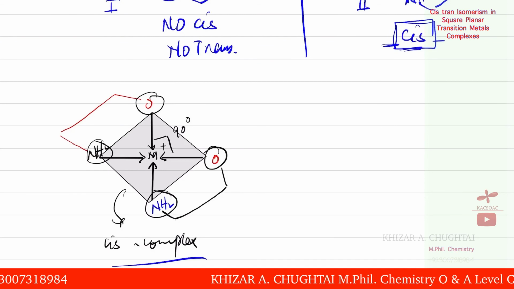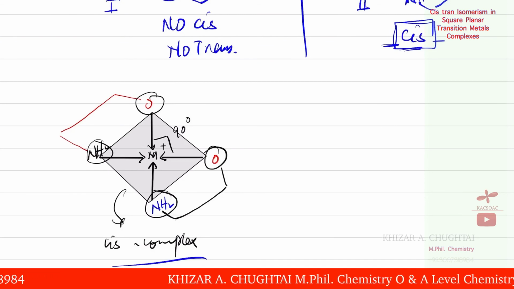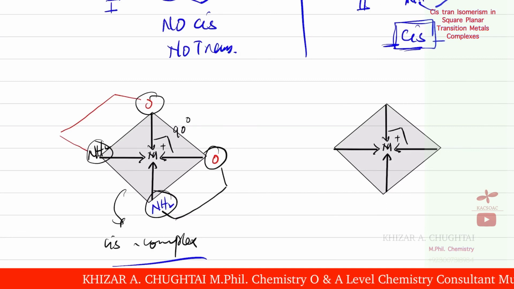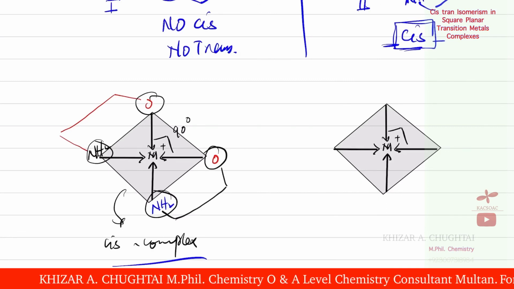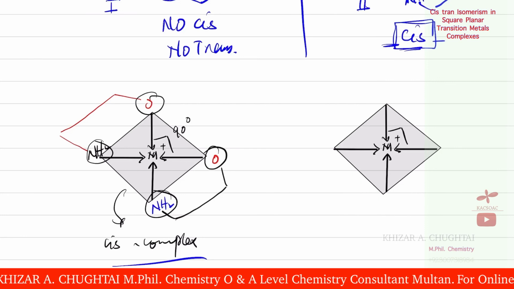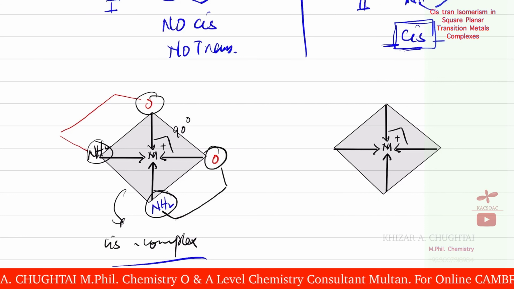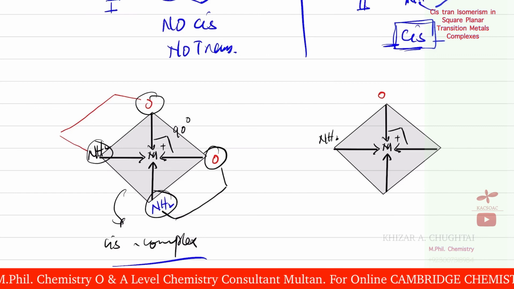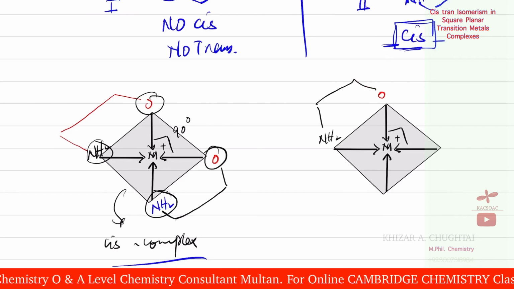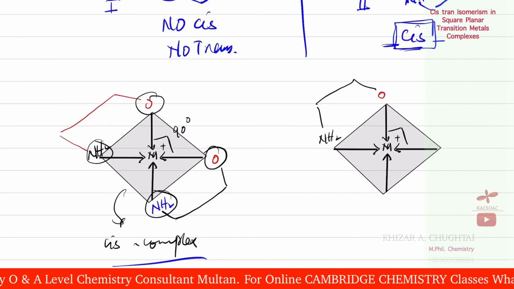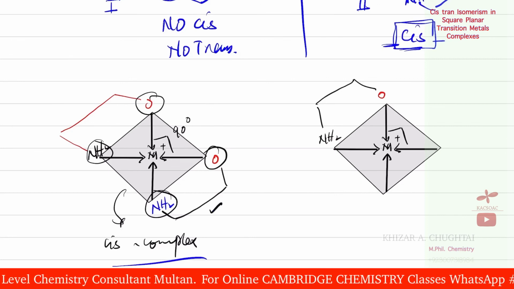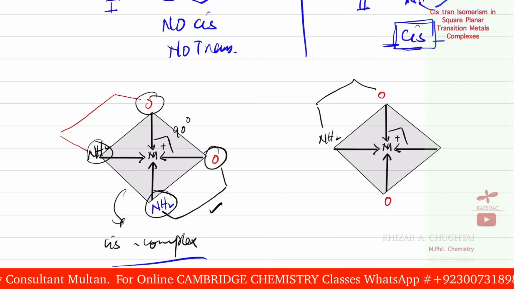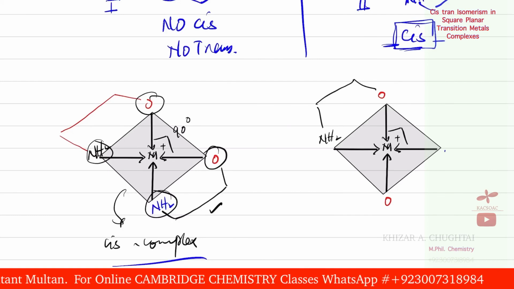Now let's see how this complex shows trans isomerism. I'm switching the donor atoms of one bidentate ligand. Here is oxygen, here is again an amino group. Now the second one: I'm writing oxygen over here and the NH2 group over here.